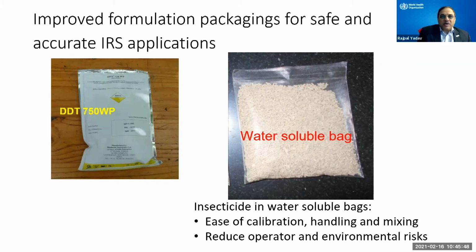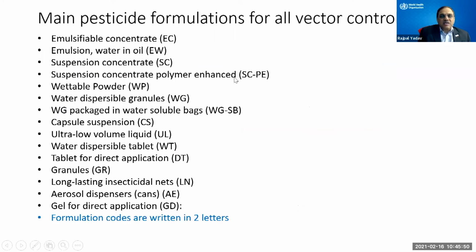If I may go back to the earlier slide, here you will find WG, that is water dispersible granules, packaged in water soluble bags. So now we call it WGSB. An important point that I missed previously is that all these formulations are named with two letters: EC, EW, SC, WP, WG, CS, UL.